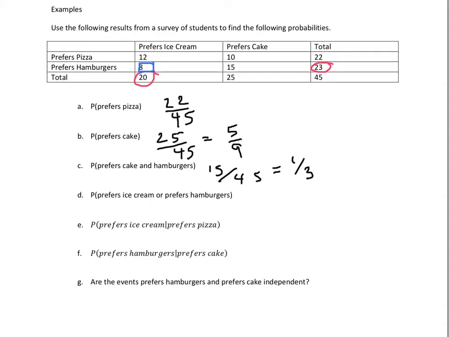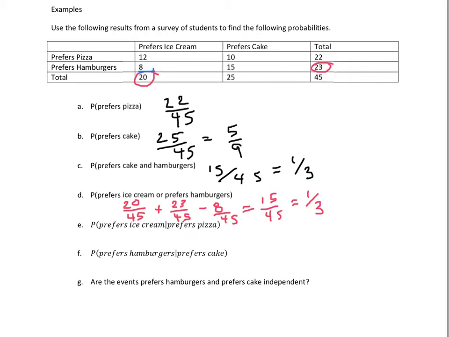So we'll do 20 over 45 plus 23 over 45, and then we'll need to subtract out the 8 that we counted twice. And that gives us 15 out of 45, which equals 1/3.